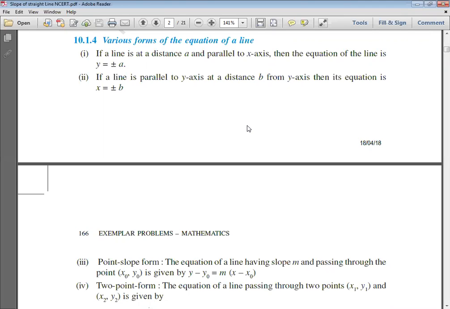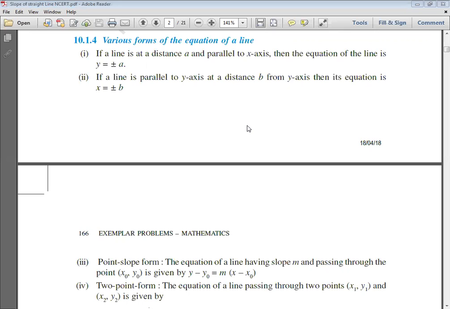Various forms of equations of straight line. You know, a straight line is a graphical phenomenon. So many curves are there, two-dimensional curves, three-dimensional curves, lines, three-dimensional surfaces, three-dimensional planes.